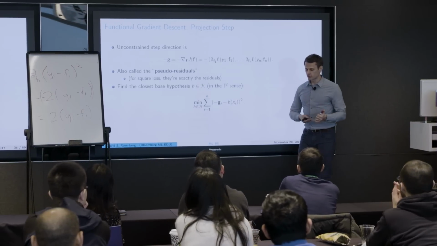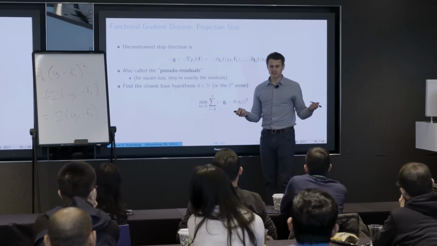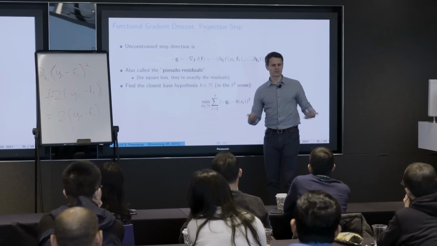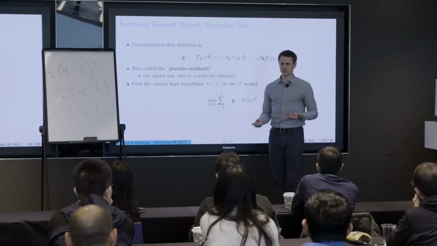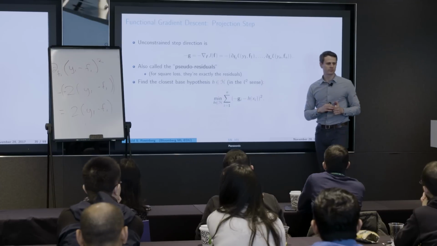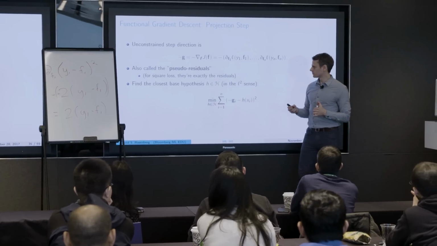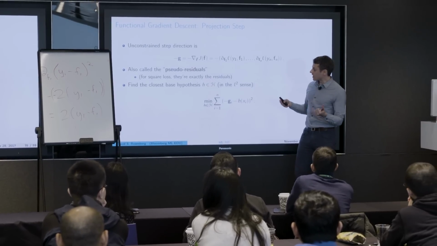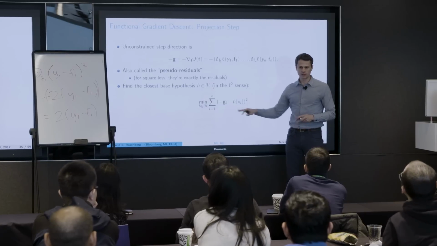But when we go in that direction, we're going to end up at a set of predictions which may not be attainable by a function in our base hypothesis space. Right? There may be no stump that achieves exactly that step direction g. So let's find the prediction function in the base hypothesis space that comes as close as we can to that optimal step direction minus g_i.